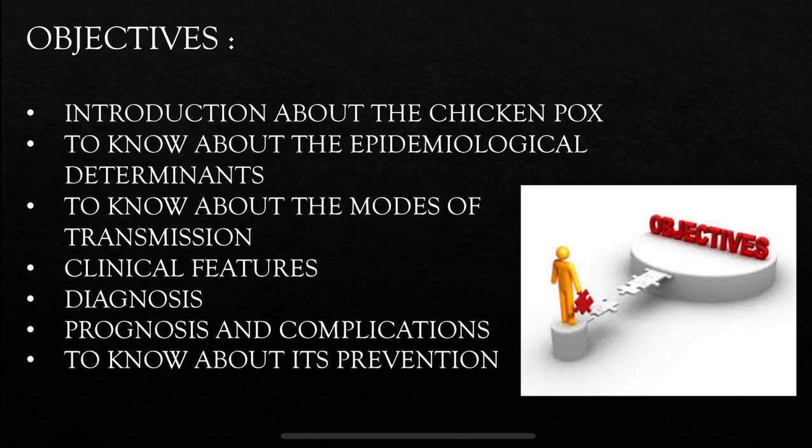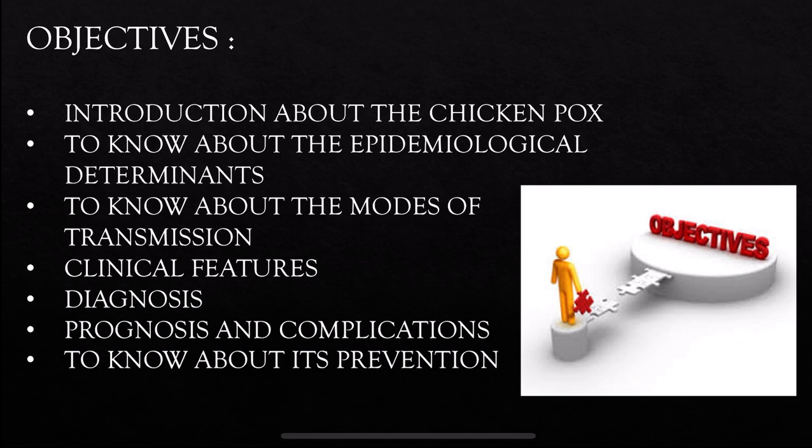What are the objectives of this session? We will be covering the introduction and the epidemiological determinants of chickenpox. We will also know the mode of transmission, how chickenpox gets transmitted from one person to another person. The clinical features, which are nothing but what the patient comes up with, the signs and the symptoms.